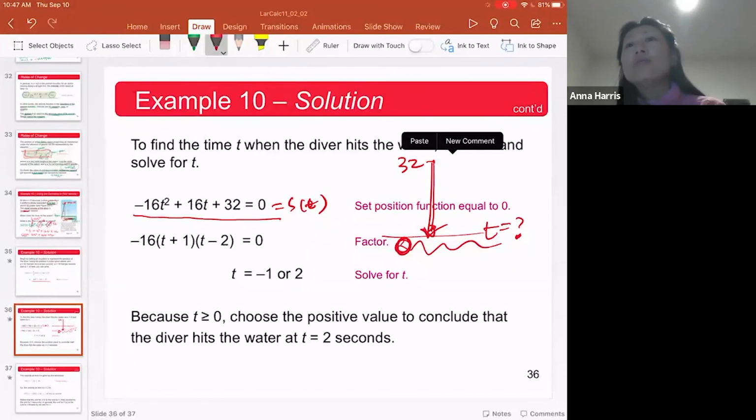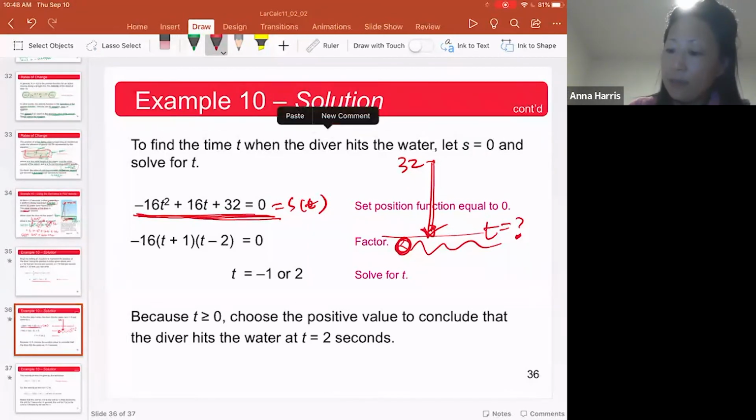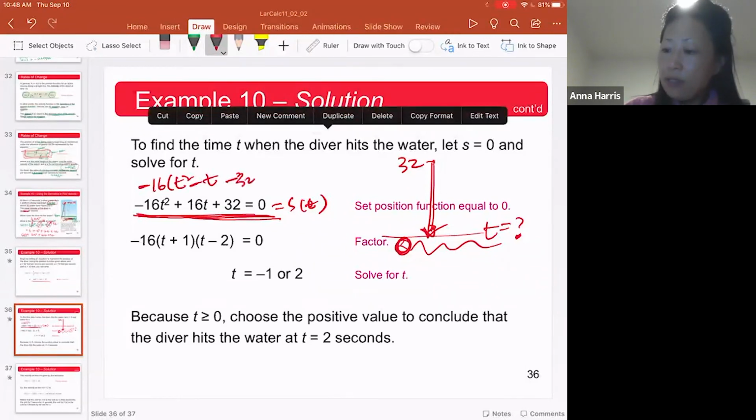Okay, now we're going to do factoring. Looking at this equation, the common factor is negative 16. So you bring out the negative 16. So you have t squared minus t minus 2 equal to 0.